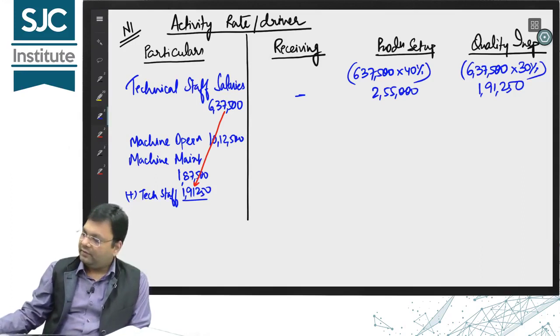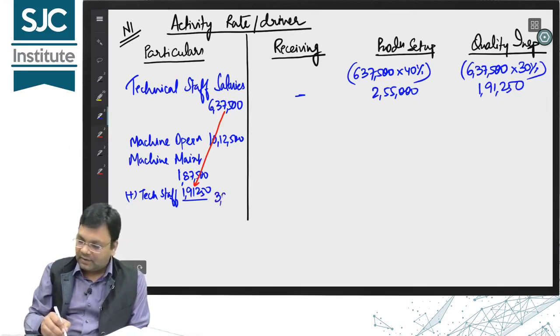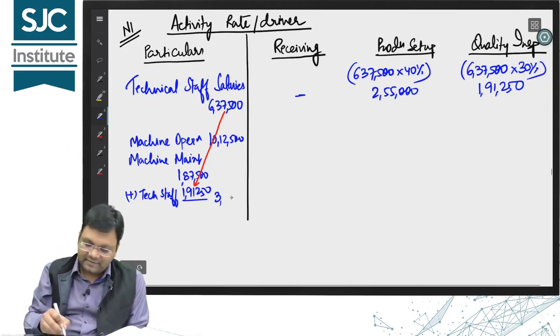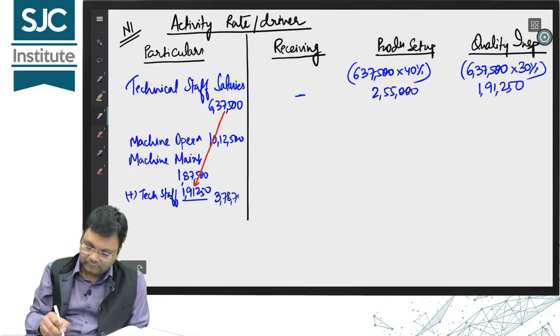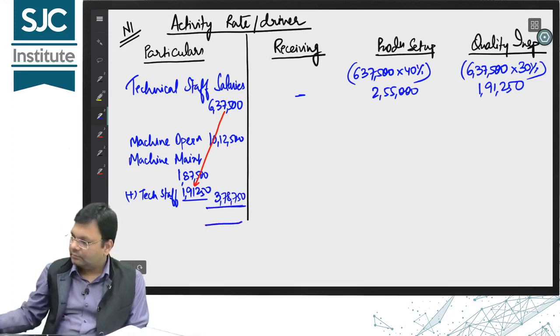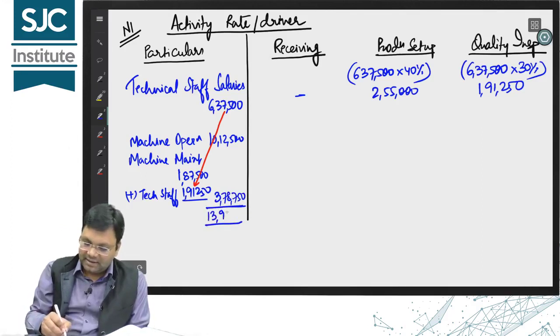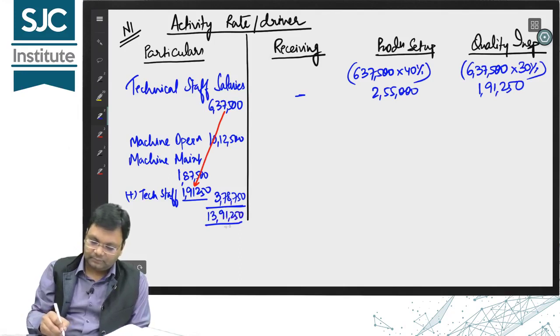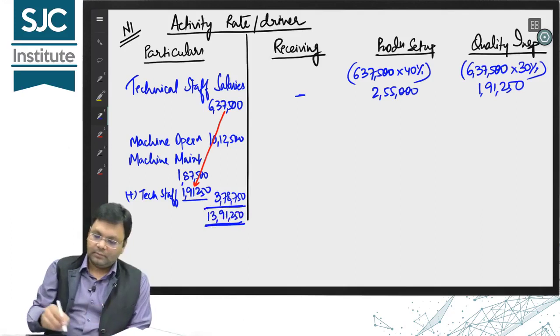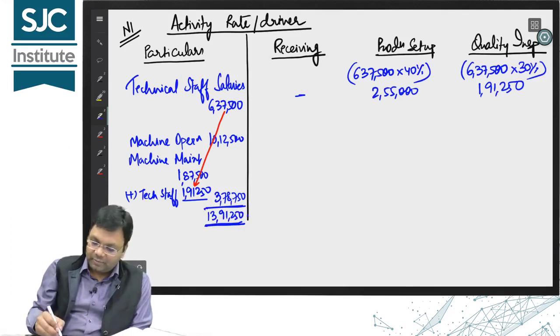So 191,250 plus 187,500 is 378,750. Plus 10,12,500 is 1391,250. So now this needs to be apportioned in 20:80 ratio.